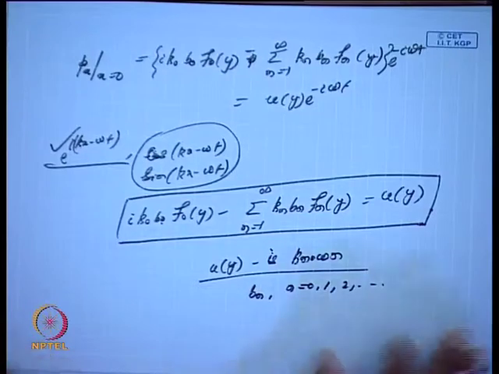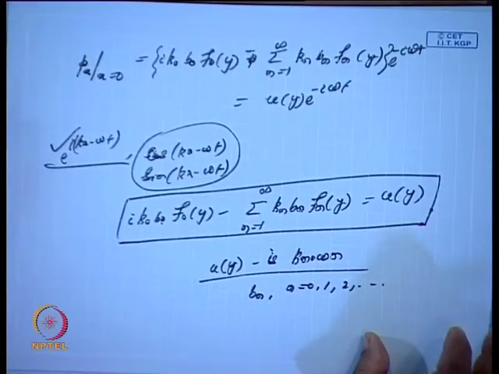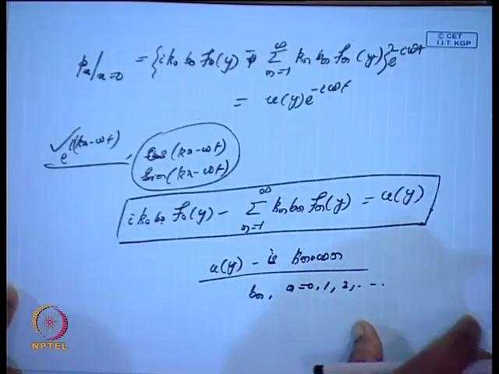So, to obtain these unknowns, what will I do? This is a kind of eigenfunction expansion, or mathematically it is a basic simple method of separation of variables, and this leads to a standard Sturm-Liouville problem.